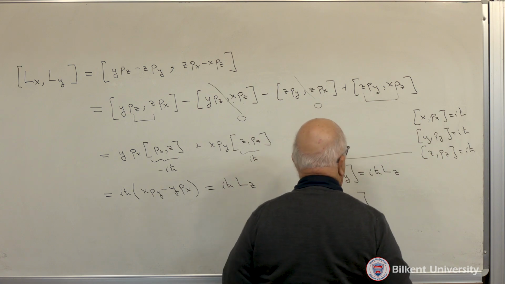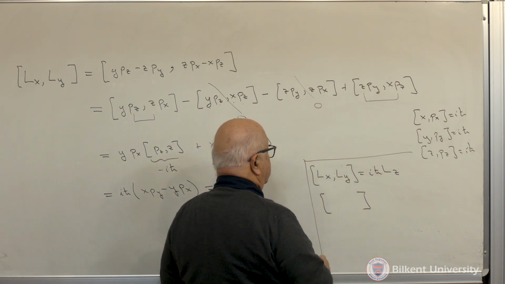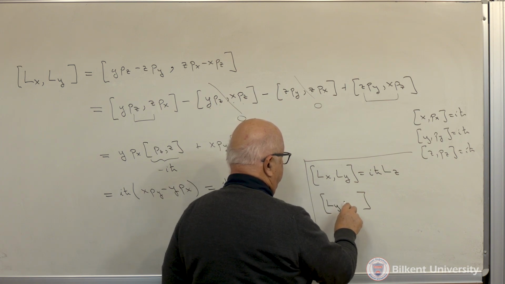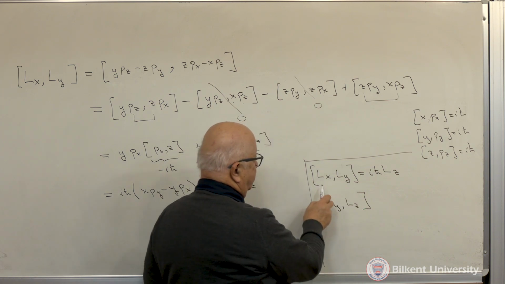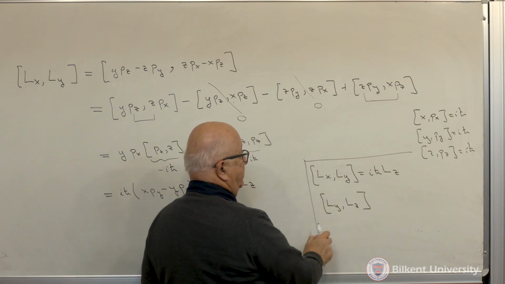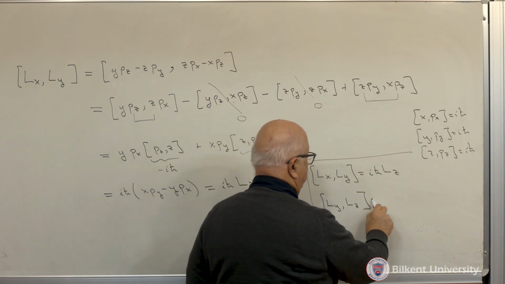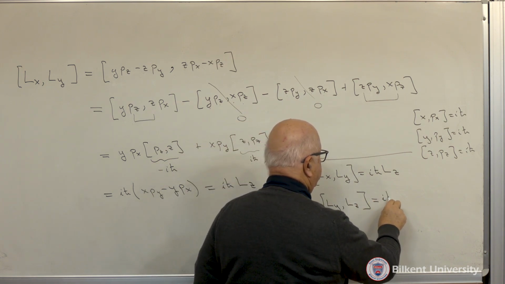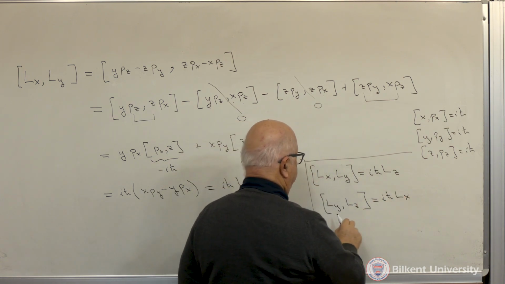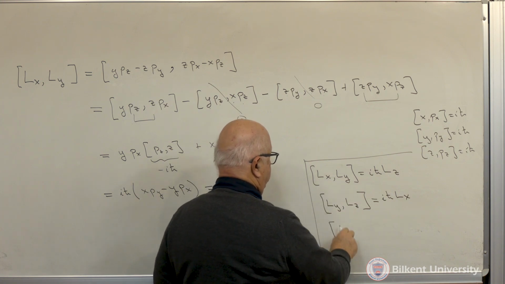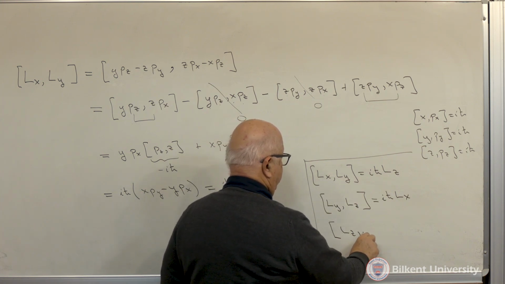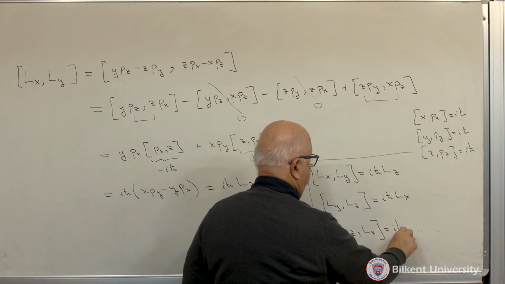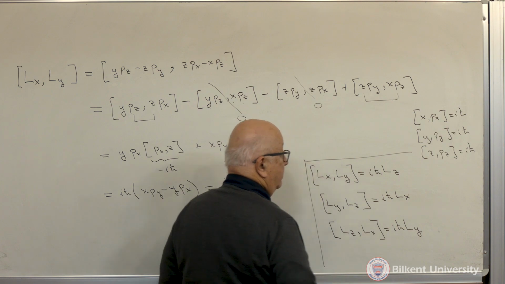There's no reason why x, y, and z should behave in another way. So as long as I keep the order x, y, z, Ly with Lz is equal to what? i h bar Lx. Okay, next thing, Lz with Lx is i h bar Ly.